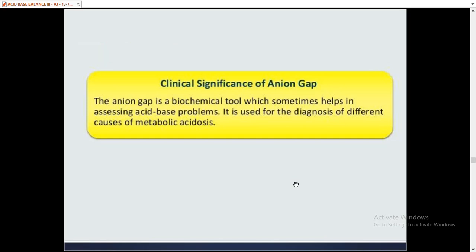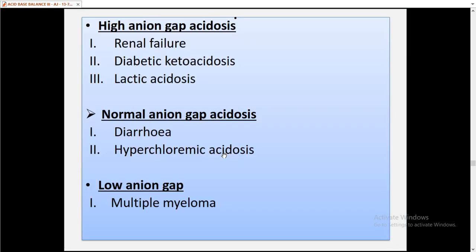calculate the anion gap? In the clinical setting, this anion gap is a biochemical tool that helps us in assessing acid-base problems, and basically it is used for the diagnosis of different causes of metabolic acidosis.